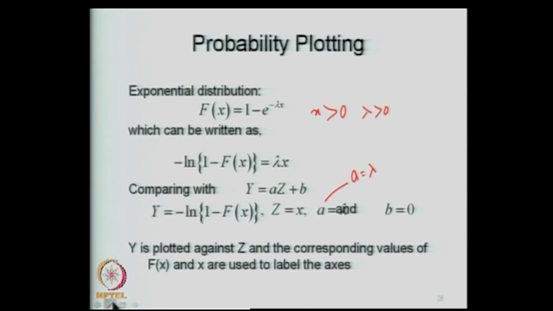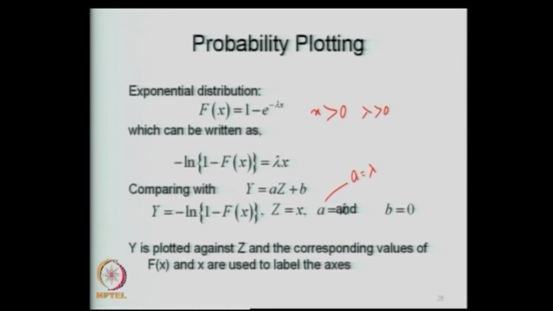So, from that I can write this as a linear expression y equals a z plus b. Given F of x, you know y now, and z is equal to x, and therefore, I can plot y against z. What I will now do is simply plot y against z and then label them as F of x and x, because y is a function of F of x and z is a function of x, z being equal to x in this particular case.